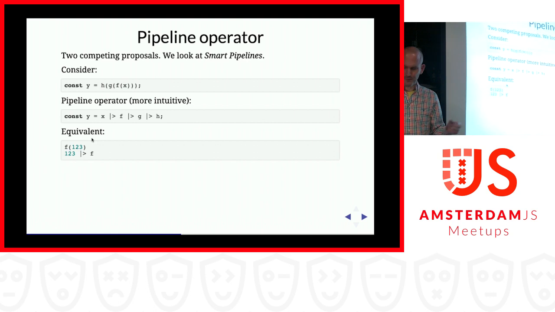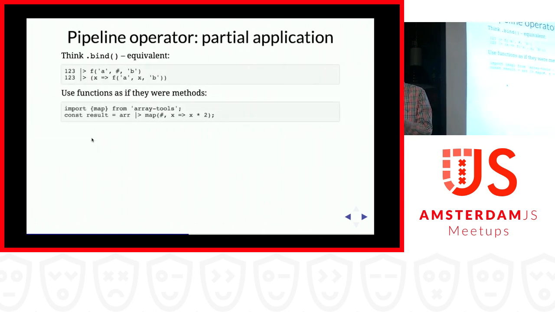Both styles are useful, but we'll see something on the next slide that is kind of cool, because the smart pipeline operator proposal includes, well, I think it's optional, but I'd be very much in favor of it, partial application. So what you'd have is some kind of special symbol, a hash symbol, standing for the first argument, and then another argument, and that is equivalent to this function here.